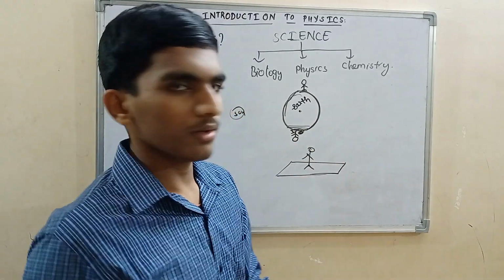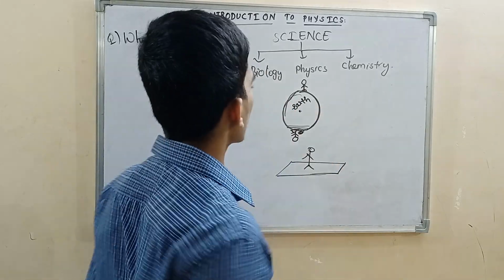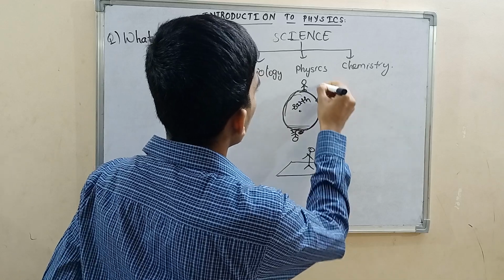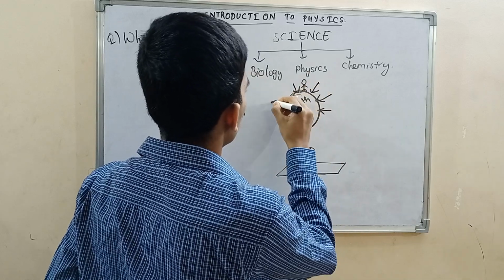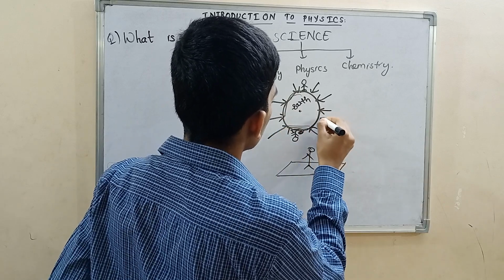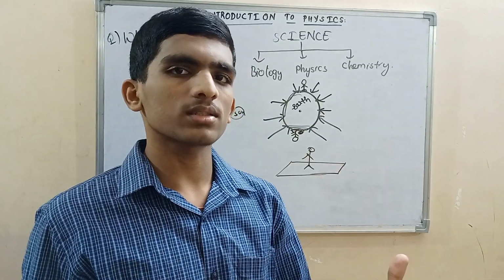If I keep something over here, it will pull. If I keep something over here, it will pull. So the gravitational force acts towards the center. This is an example. Like this, everything we discuss.